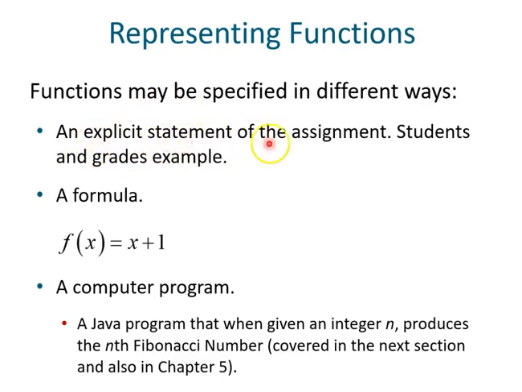An explicit statement of the assignment, for example, the students and grades example, with a formula f of x equals x plus 1, for example, with a computer program, a Java program that when given an integer n produces the nth Fibonacci number.